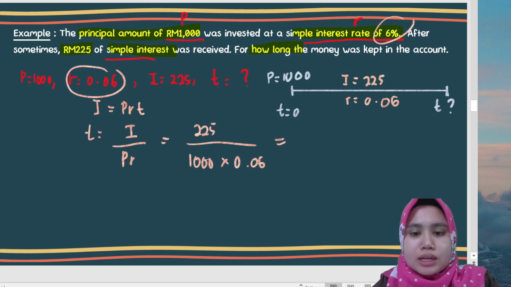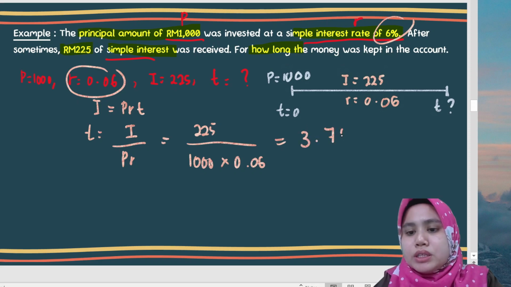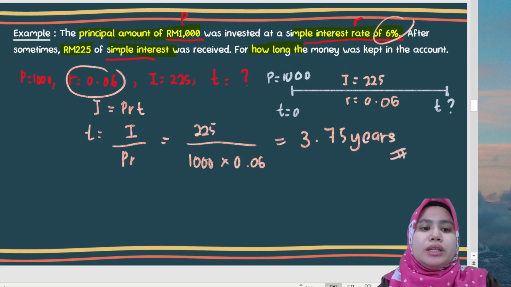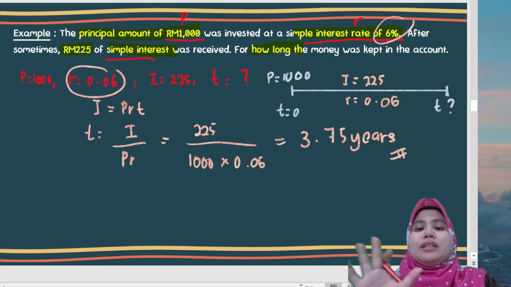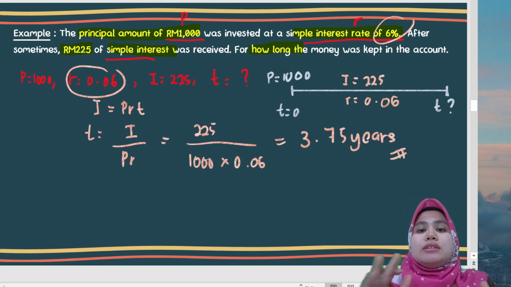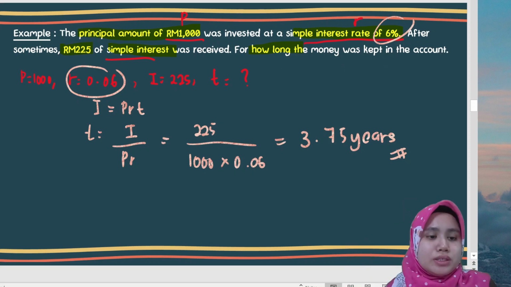So what will be your calculation here? Our T is 3.75 years. That means the money was kept in the account for 3.75 years.